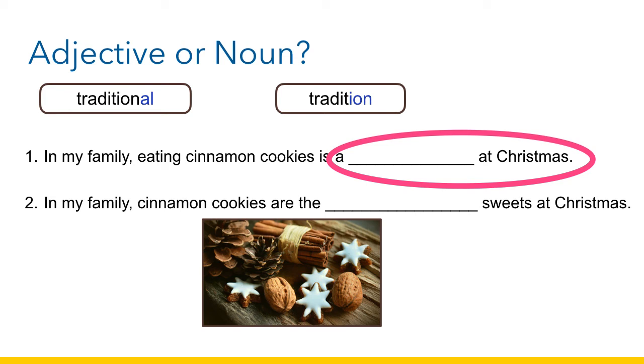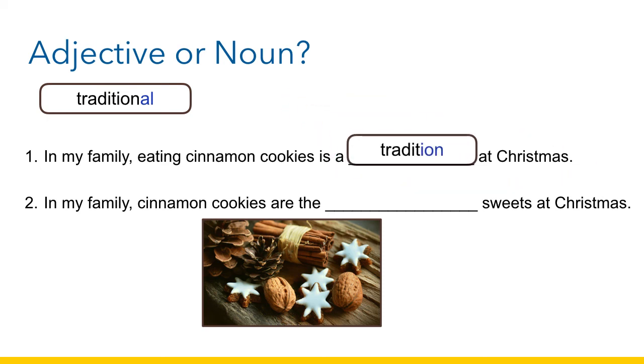All we have is at Christmas, which tells us the time, but we don't know what we're talking about. So here we definitely need a noun. Which of these words is a noun? It's tradition. Remember that ending, the suffix ION, means a noun. In my family, eating cinnamon cookies is a tradition at Christmas.